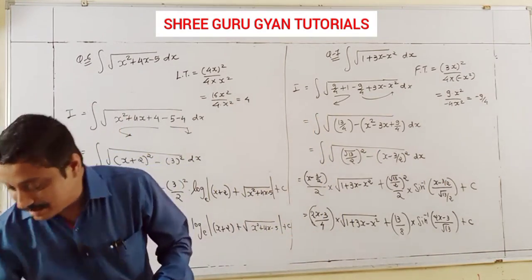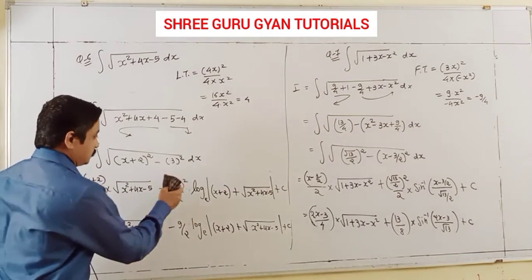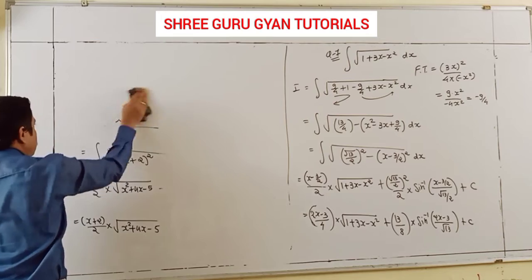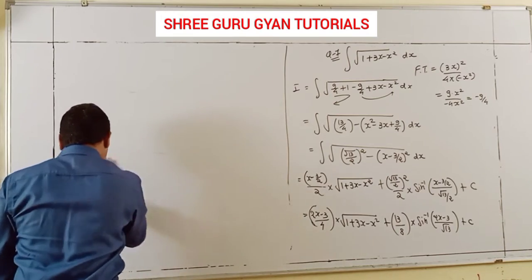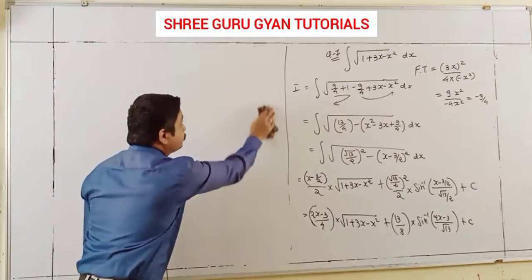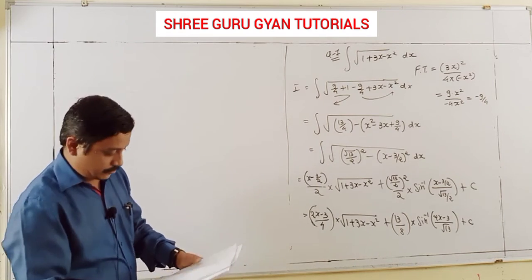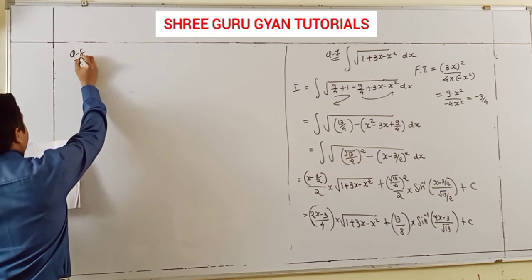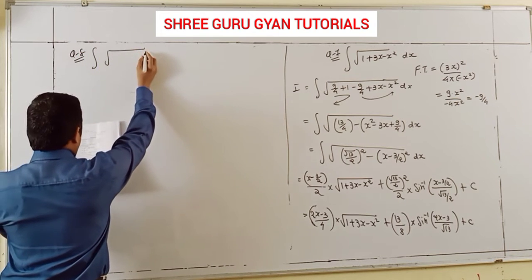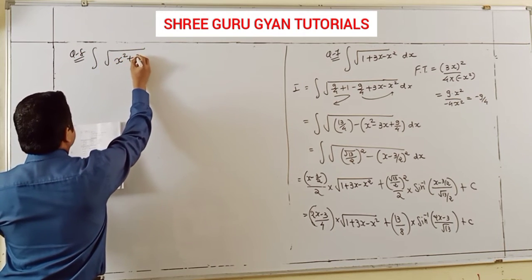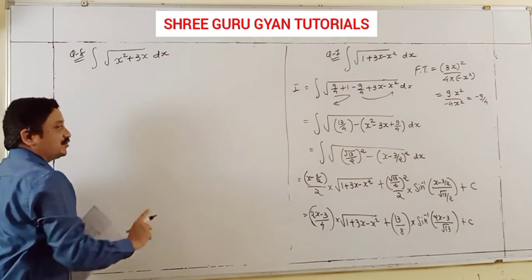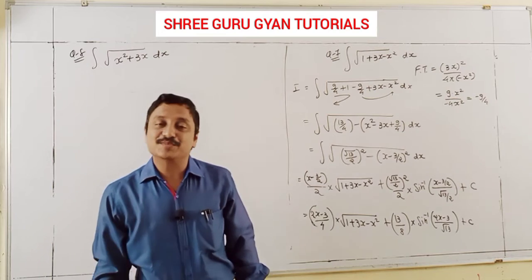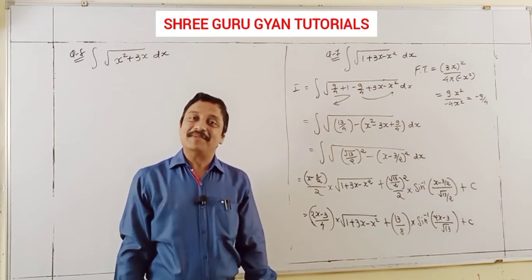Continue going. Now 8th one. Yes, 8 also same property. Integration of x square plus 3x. Yes, here first term given, mid term given, but last term not given. So I decide my last term.